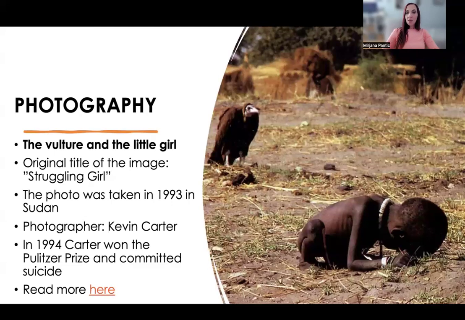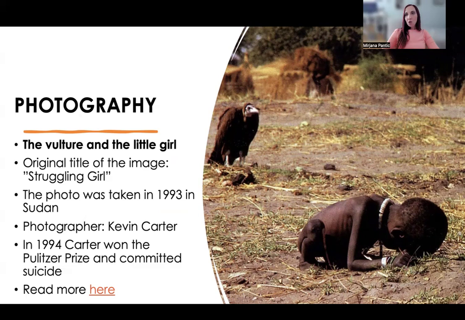The photo was taken in 1993 in Sudan, and the photographer who took this photograph was Kevin Carter. This photo is, of course, as expected, very controversial. And there was a debate after that whether the New York Times should have published it or not.